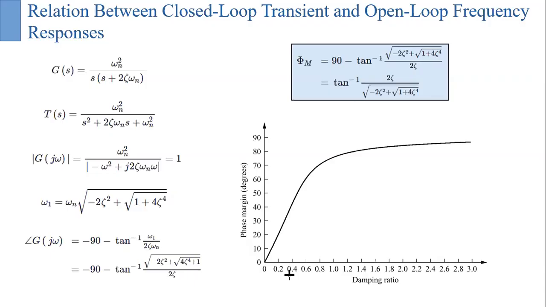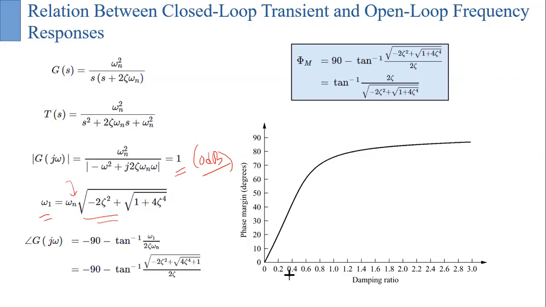To figure that out, the magnitude value has to be set to 1 or 0 dB. And then you have to figure out the condition on omega that will give you magnitude 1. After finding this value, we have to figure out what the phase will be.